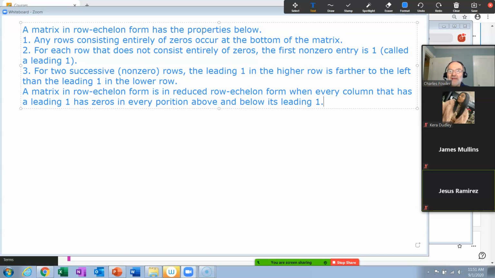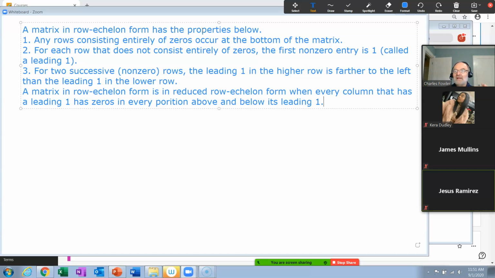For every row that does not consist entirely of zeros, the first non-zero entry is a 1, and it's called the leading one. And for any two successive non-zero rows, the leading one in the higher row is always further to the left than the one in the lower row. So in other words, the one in the lower row is always to the right of the one in the upper row.